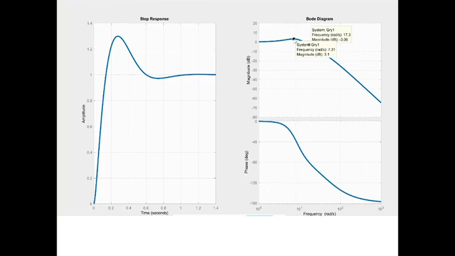But we see that the M peak is 3.1, which is greater than 3. So now we need to change parameters such that our M peak is reduced.